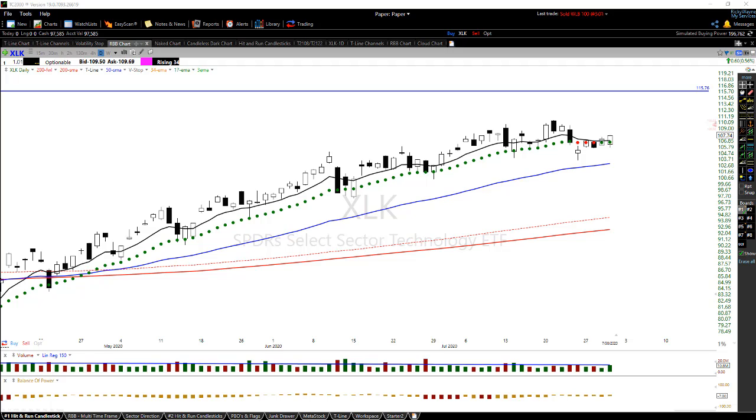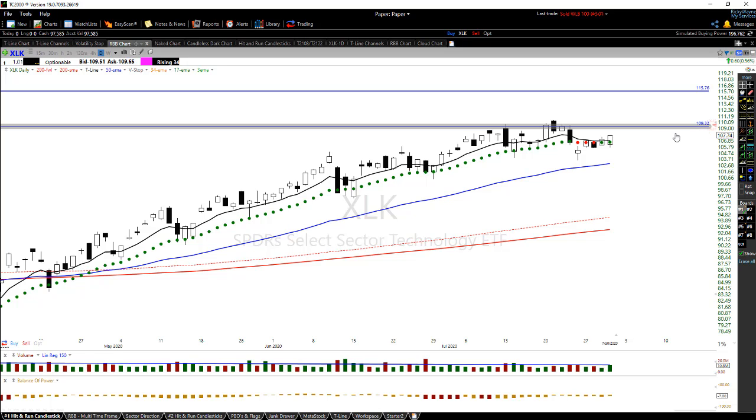Another chart that may do very well with the earnings from last night is XLK. Looks like XLK is going to open up a little bit high here, in the 109.30 area. That's perfectly fine.